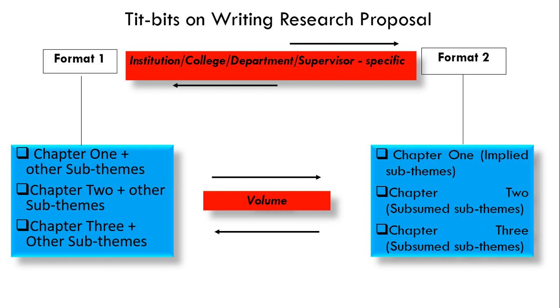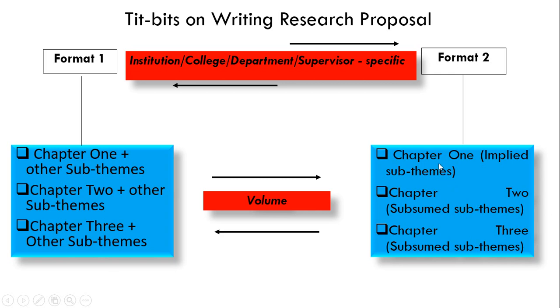But here, what is expected is that your sub-themes under each of these chapters are implied, meaning that they are subsumed under just one main heading, rather than the differentiation of the sub-headings that often comes with chapter 1, chapter 2, and chapter 3, as the case may be.